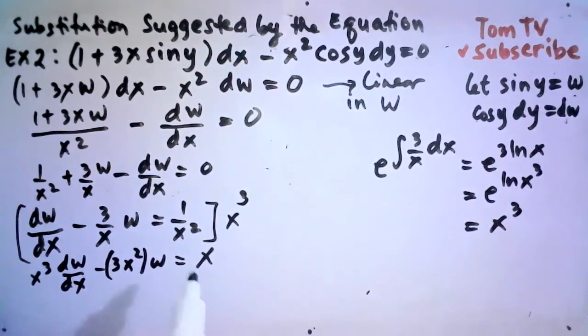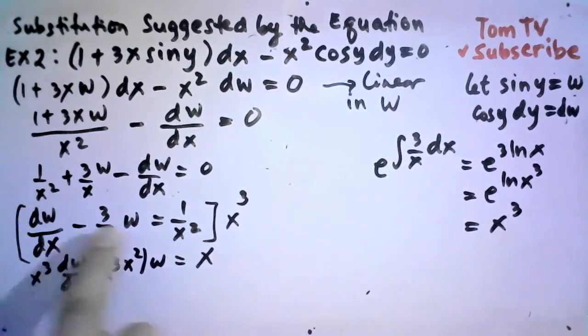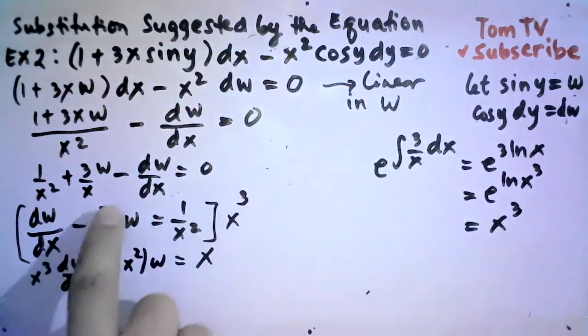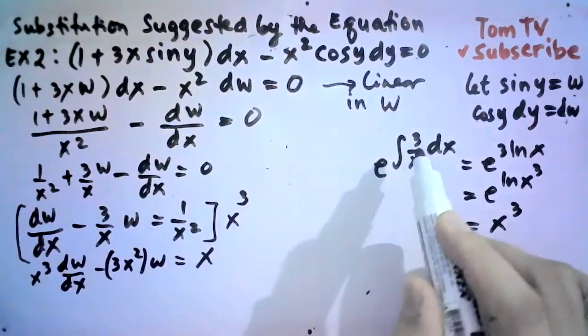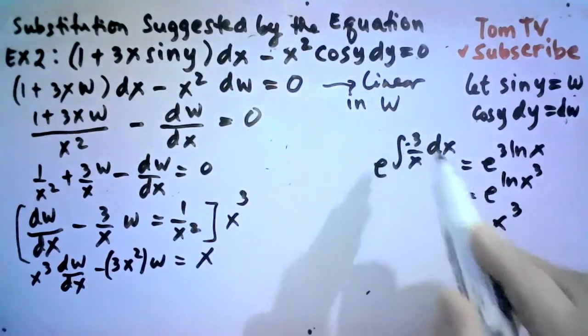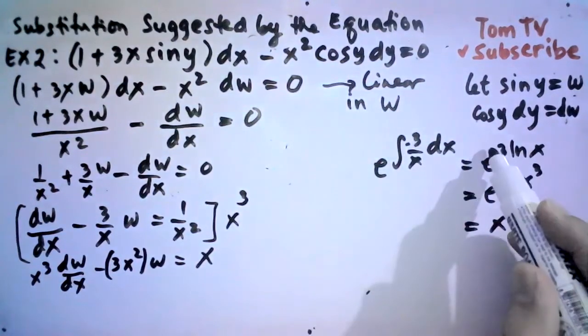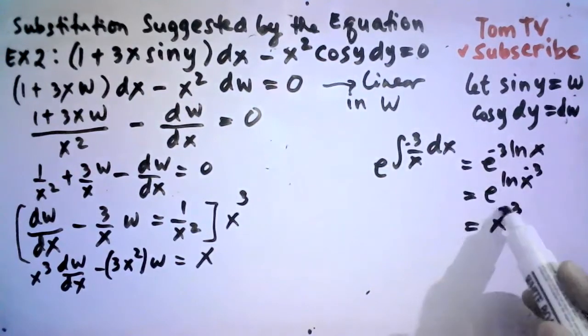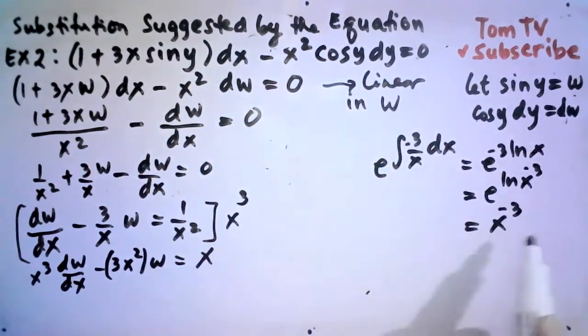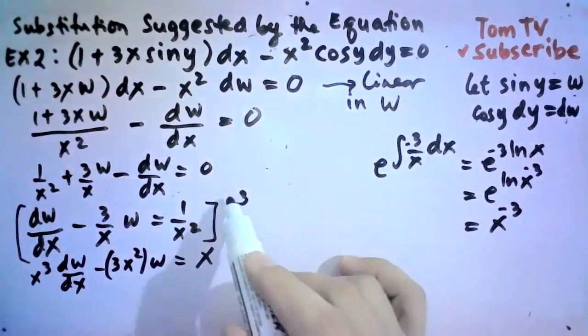Okay, now this is x. By the way, we have a problem with negative 3 over x. We were not able to write the negative sign here. This is supposed to be negative 3, and then negative 3 as our exponent. So our multiplier now is x raised to negative 3.